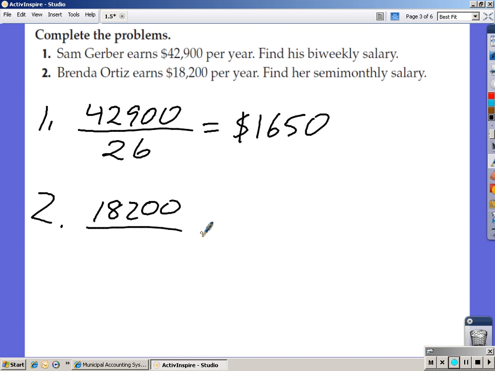Find her semi-monthly salary. Okay, semi-monthly gets paid twice a month. There are 24 semi-monthly pay periods. 18,200 divided by 24 is $758.33. Okay?